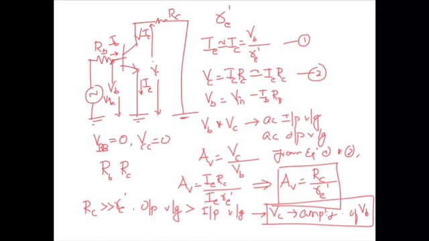Now let us continue our analysis with respect to the current gain. We discussed the voltage gain and came to the conclusion that the input voltage is being amplified. Now let us discuss the current gain. How do I write current gain? It is represented as AI. AI is equal to IC divided by IB, which is the current gain factor beta, the collector to base current gain.